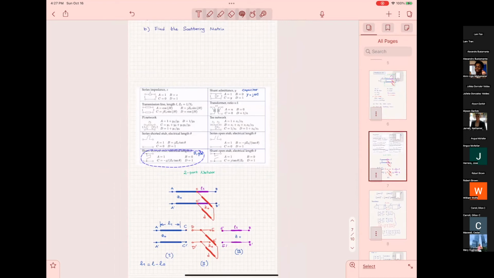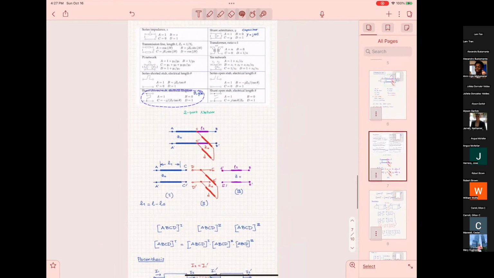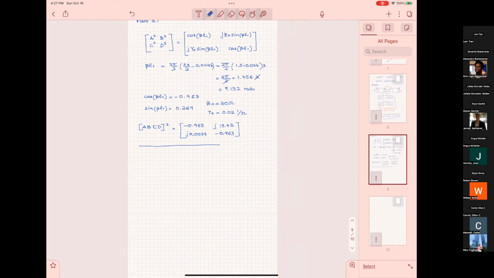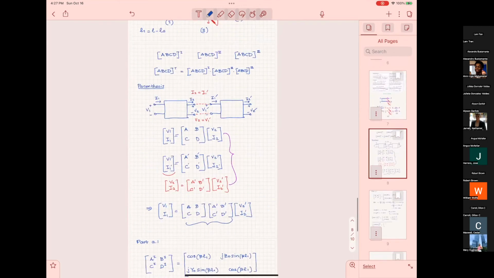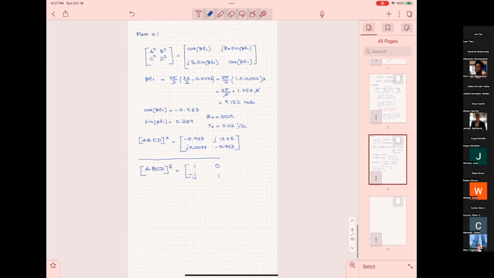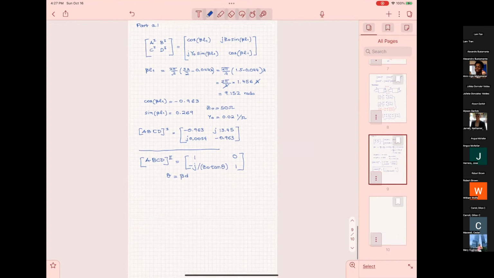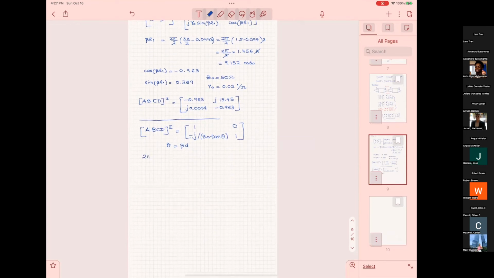The matrix for a shorted stub is 1, 0, minus j over Z naught tangent beta D, 1. So now we have D, where theta for the stub is beta D. Beta is 2 pi over lambda, and D is 0.088 lambda.